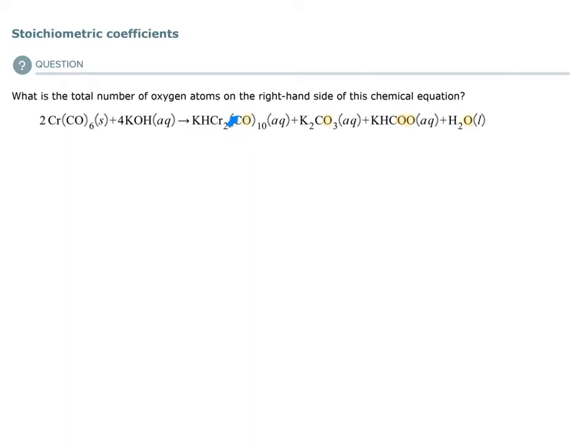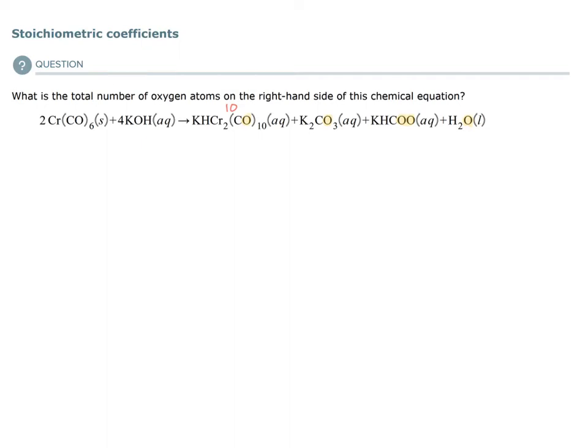But this oxygen is in parentheses with an additional subscript to the outside of that. So this 10 is going to apply for both of these atoms, for the carbon and oxygen atoms. So 10 times what is already here, 1, would mean I have 10 oxygen atoms in that product.